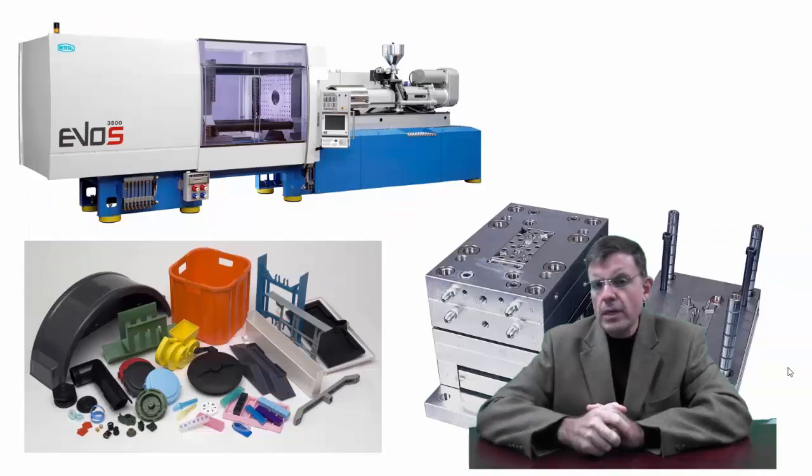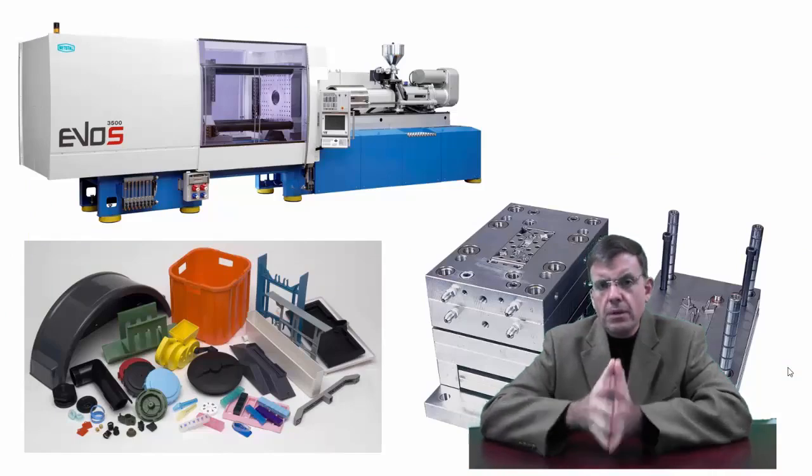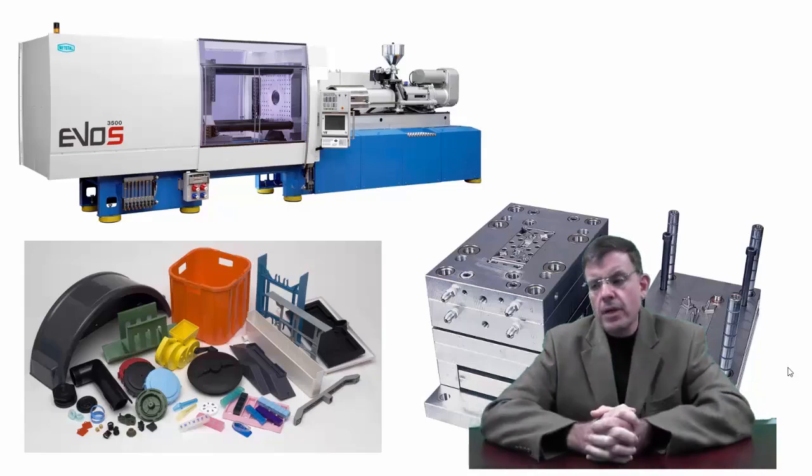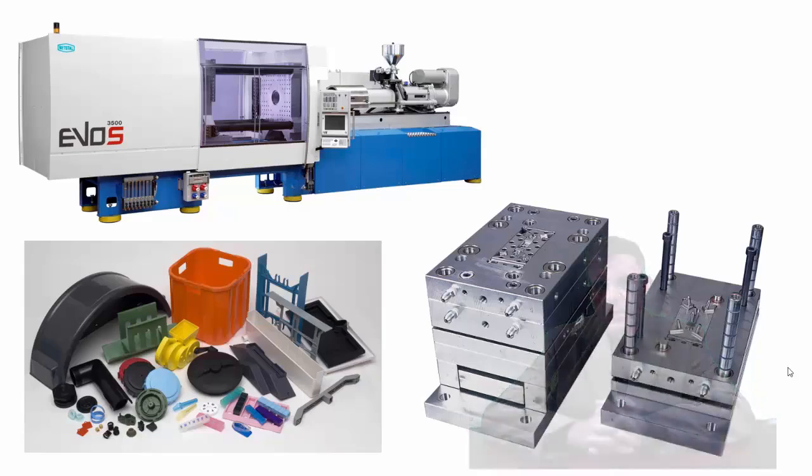Now injection molding, that's one of the most ubiquitous manufacturing processes for parts that we come in contact with on a daily basis. It consists, of course, in melting the plastic and injecting it at very high pressure into a rather strong cavity, a rather strong mold, and you see an example of that there on the bottom right.